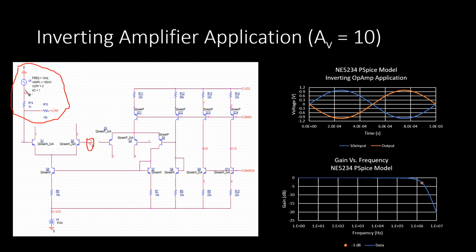The 3 dB point here was found at about 2 megahertz. And of course the gain in decibels was 0 because it was done with a unity gain.